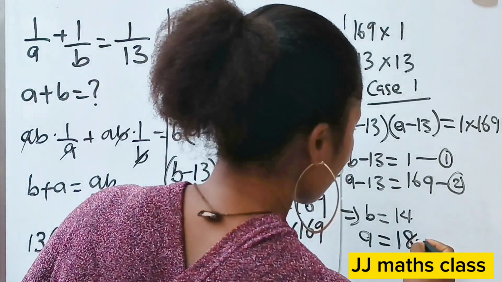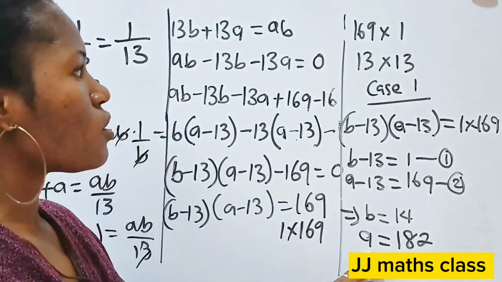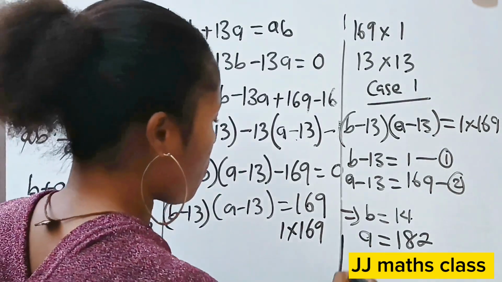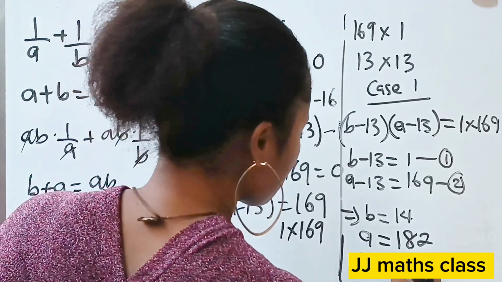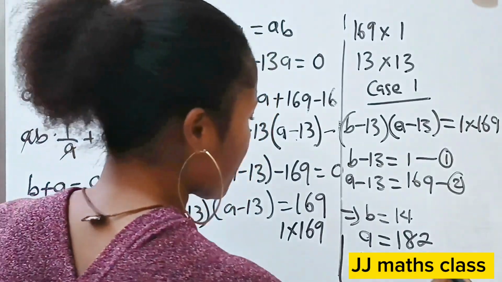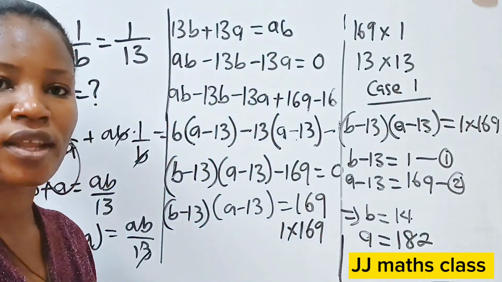So for case 1, a plus b will be equal to 14 plus 182, which gives us 196.